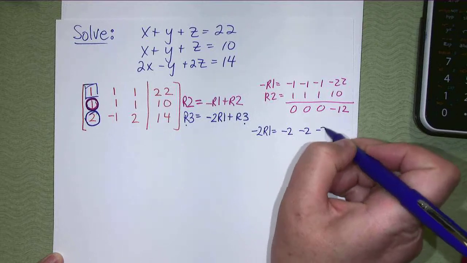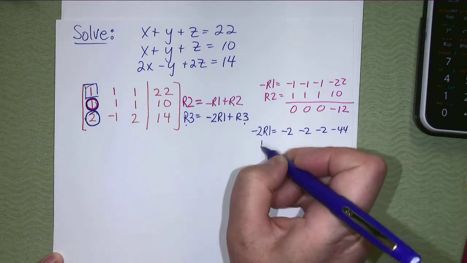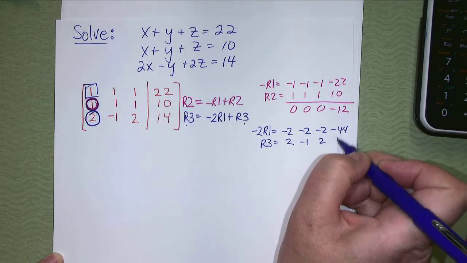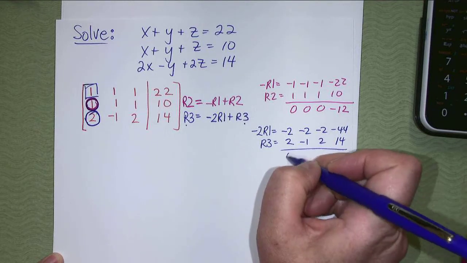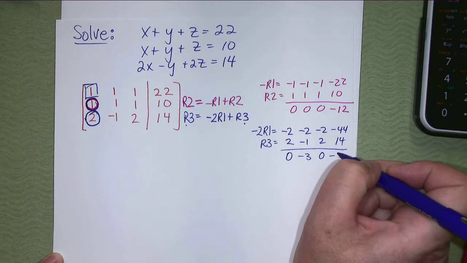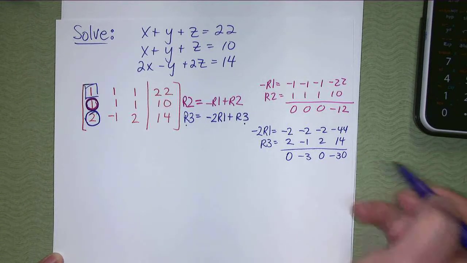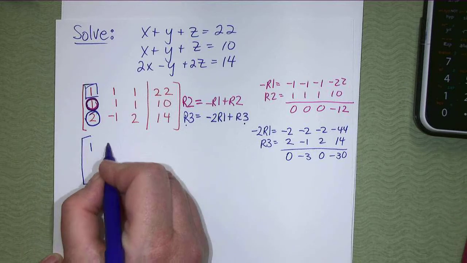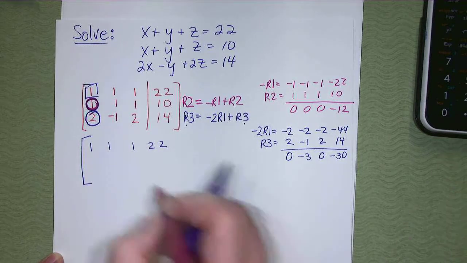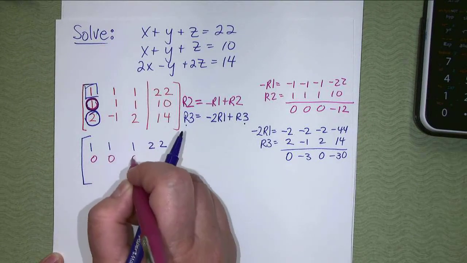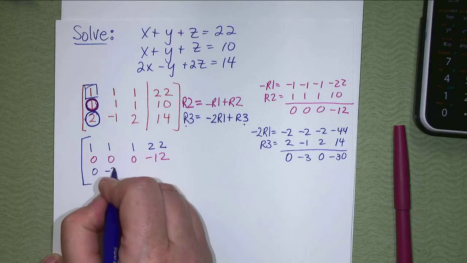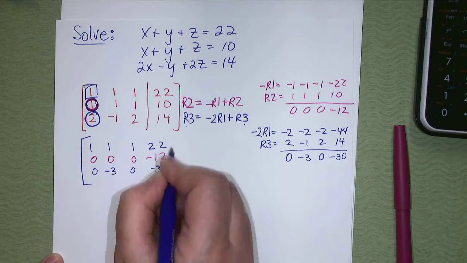That's row 3. So we didn't change row 1, row 2, and row 3.